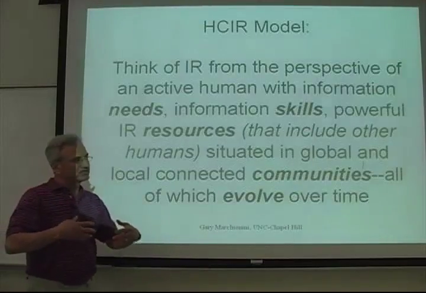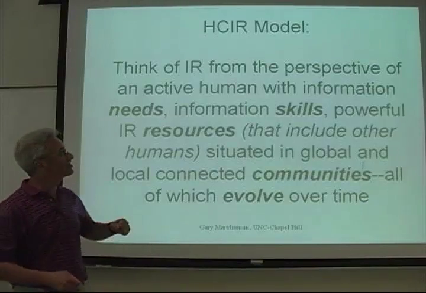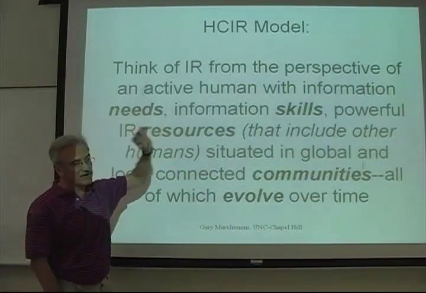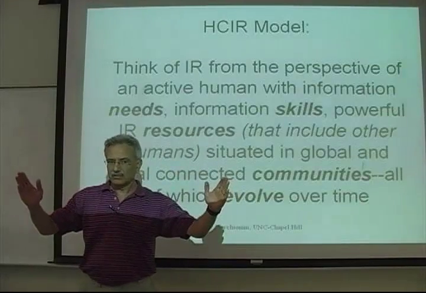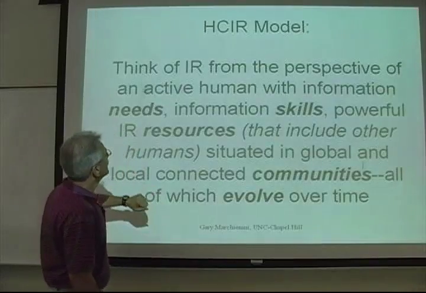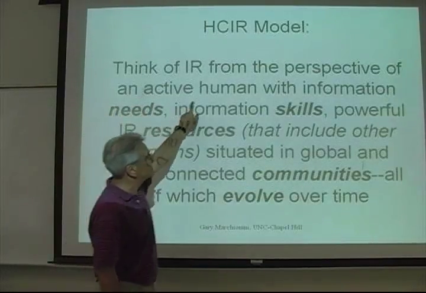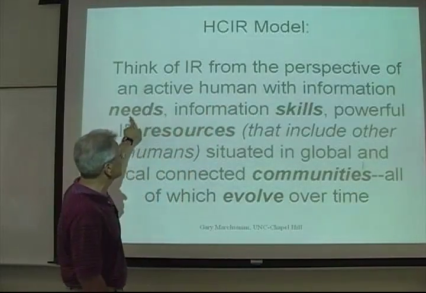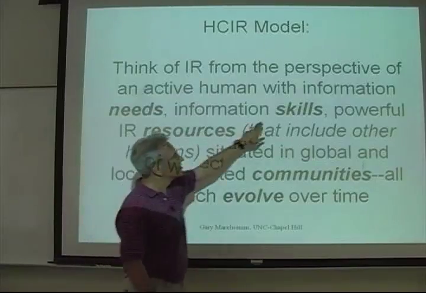To summarize, though, the basic HCIR model goes something like this. Instead of thinking of IR as this kind of matching of documents and queries that the system does, and humans just kind of pose the queries, we want to think of information retrieval from the perspective of an active human who has information needs, not queries, and skills.